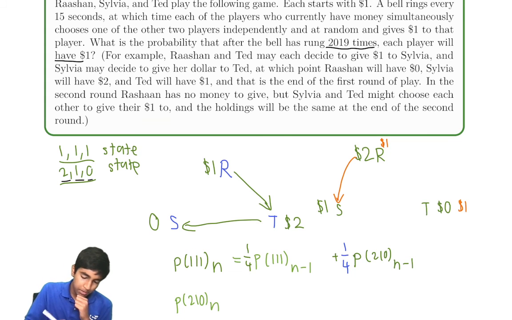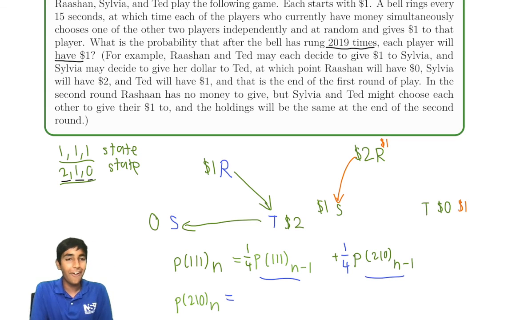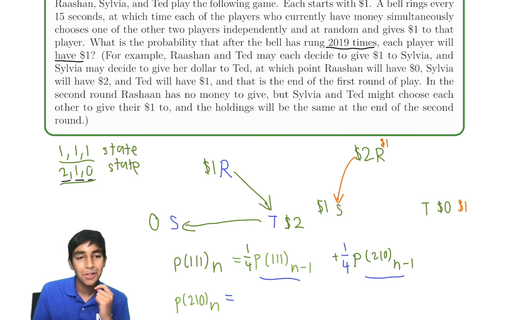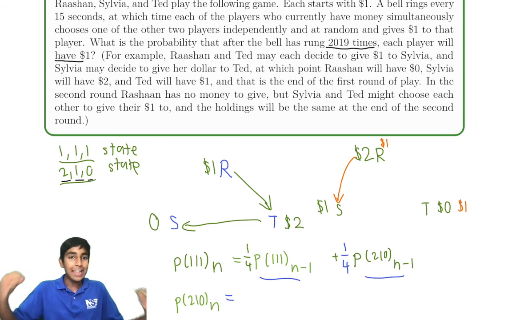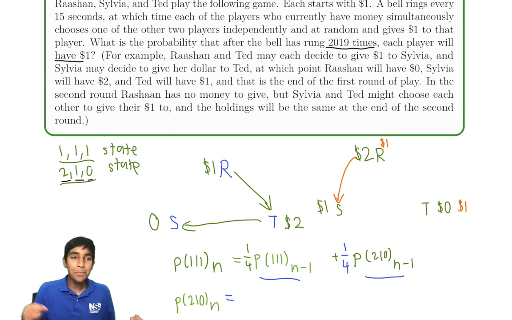Now we could find what's P210n. But do you notice anything a little bit strange here? We have P11n minus 1, P210n minus 1. What is true about P111n minus 1 and P210n minus 1? They're the only two states that exist after n minus 1 moves.